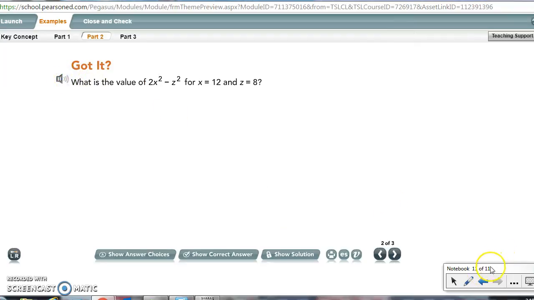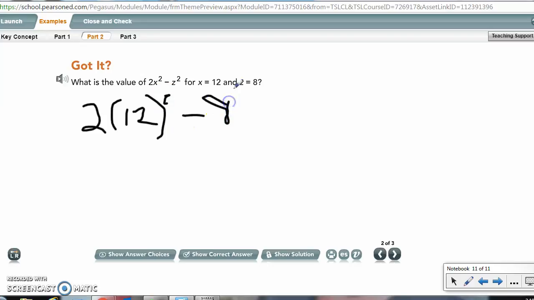What is the value of 2x squared minus z squared for x equals 12 and z equals 8? So I'll start you guys off with this one. If I have 2x squared minus z squared, x is 12. So I'm going to do 12 in these parentheses squared minus z was 8 squared.